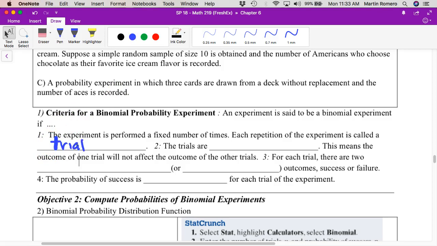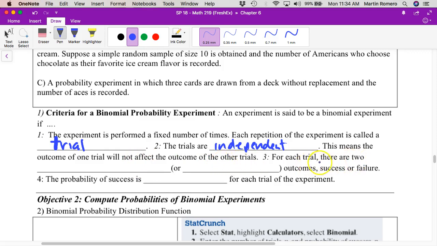That's the first situation. The trials are independent, and that refers back to chapter 5. The outcomes are independent. This means that the outcome of one trial will not affect the outcome of another trial.